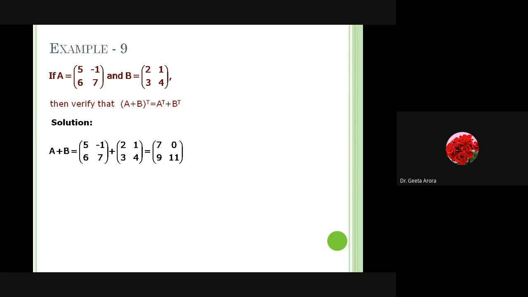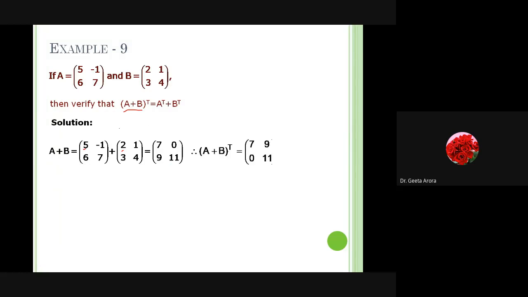So how can we start? We can find A plus B from the left hand side. We need the sum of the A and B matrices. A is 5, minus 1, 6, 7, and B is 2, 1, 3, 4, and we want the sum, which is element by element: 5 plus 2 is 7, minus 1 plus 1 is 0, 6 plus 3 is 9, and 7 plus 4 is 11. Now we need its transpose.